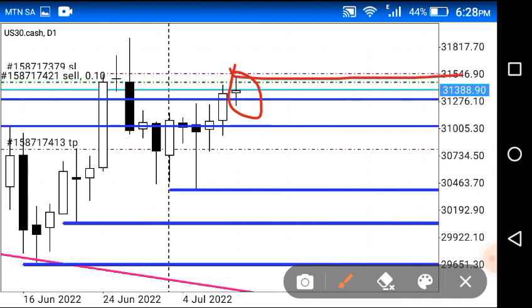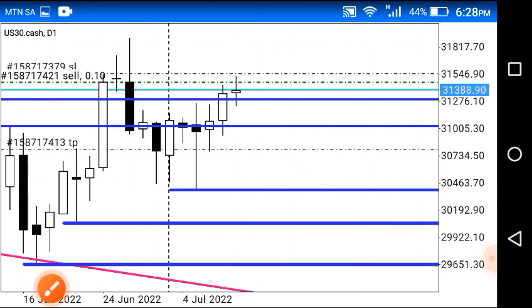As much as I've sold, what may happen on Monday or Tuesday is that the market may push further up to around this level to grab some liquidity, and then after that liquidity has been grabbed, the market may possibly push further down, right? So as much as my sells are in profit, I may need to close or put my stop loss at break even, right?